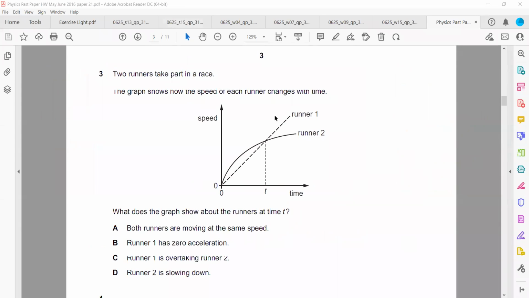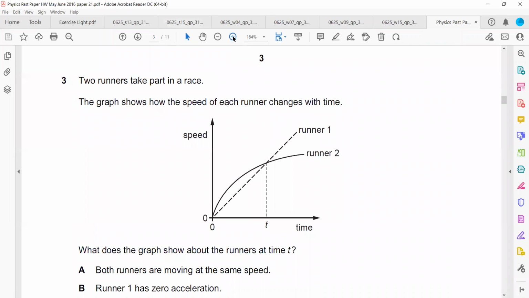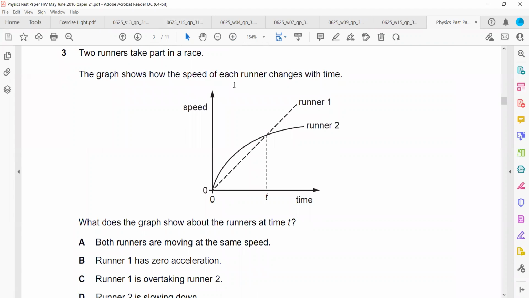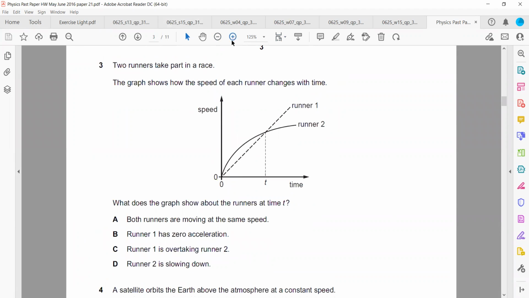The next question, this is a speed time graph. Two runners are taking part in a race, and the graph shows how the speed of each runner changes with time. In a speed time graph, the slope represents the acceleration.